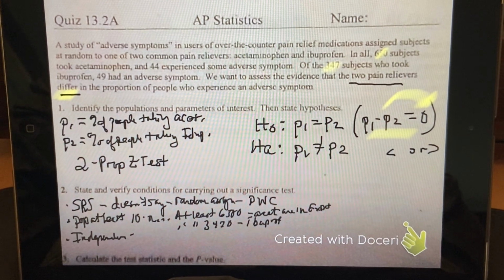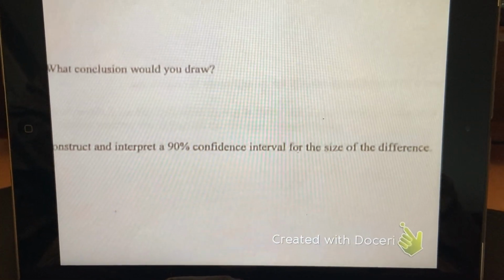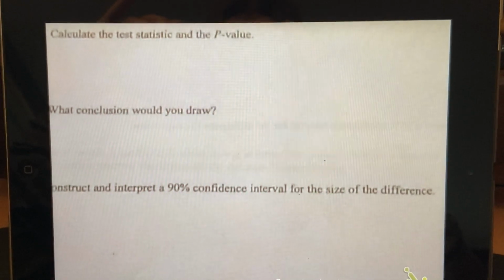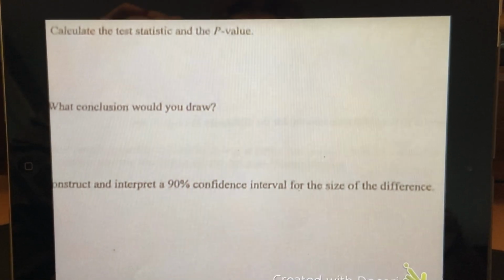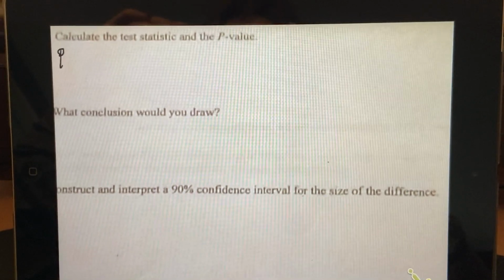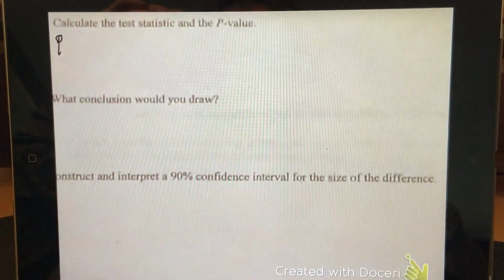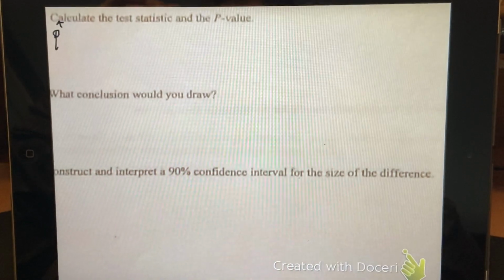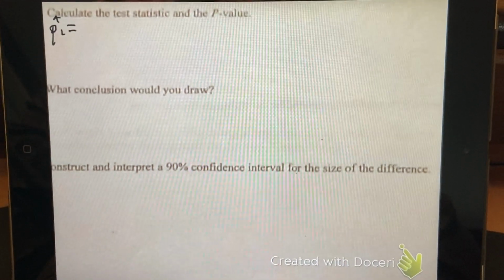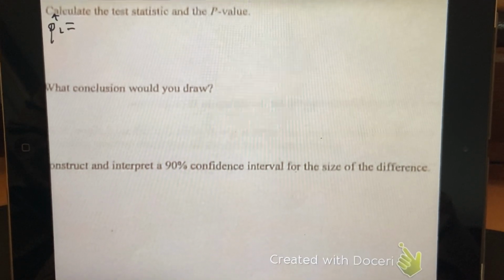Okay, here we go. It says calculate the test statistic and the p-value. So just some side work. I do need to calculate the acetaminophen sample proportion.